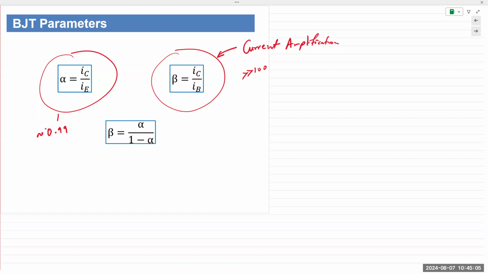So it's the exact same principle. You inserted a third slice of semiconductor material to control the flow of current between the collector and the emitter. And that's where we get our regions of operation.